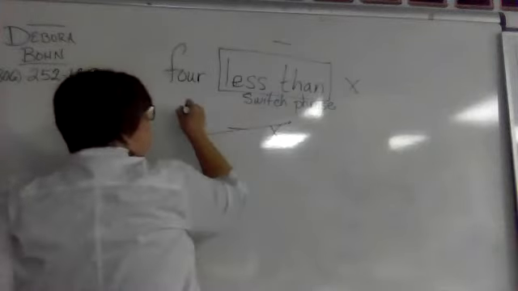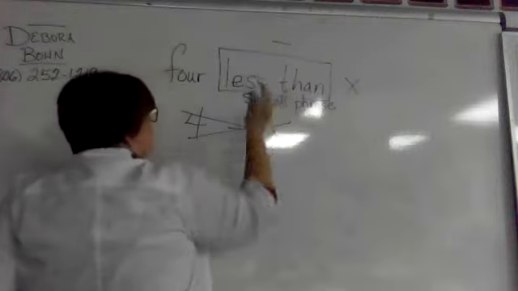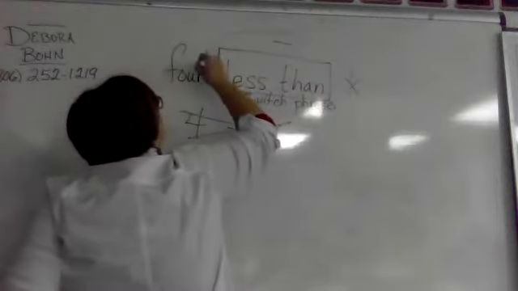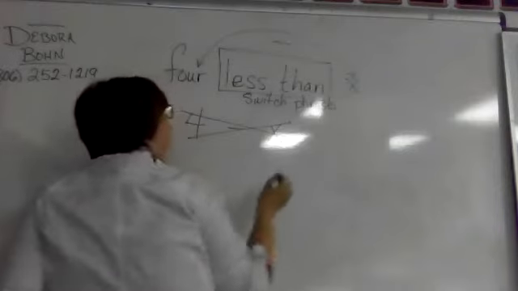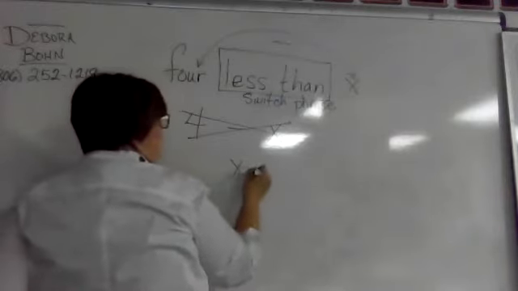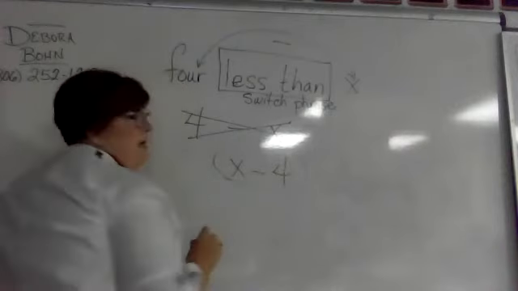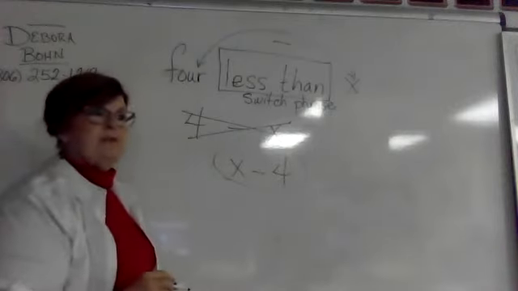So this is incorrect actually because of the switch phrase. So now we have to switch places. So we're going to say X minus 4. This is the correct answer for a switch phrase.